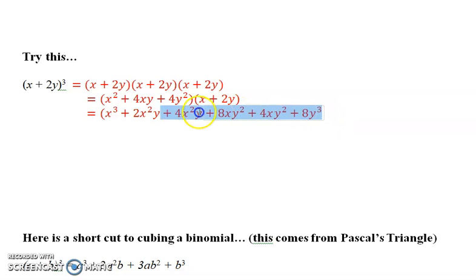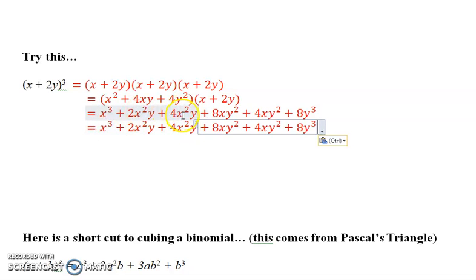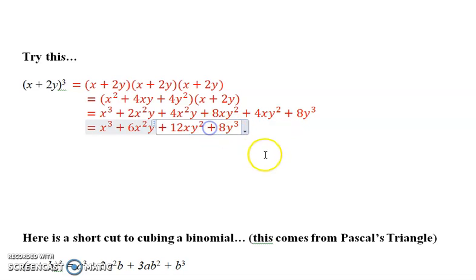Okay. And you're going to collect like terms. x cubed by itself. These two x squared y's come together and become 6x squared y. And the 8 and 4 come together and become 12xy squared, and then you're left with the plus 8y cubed.